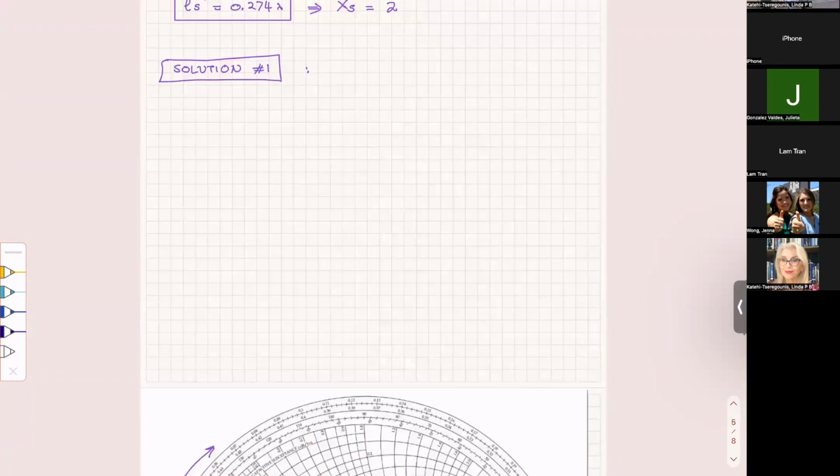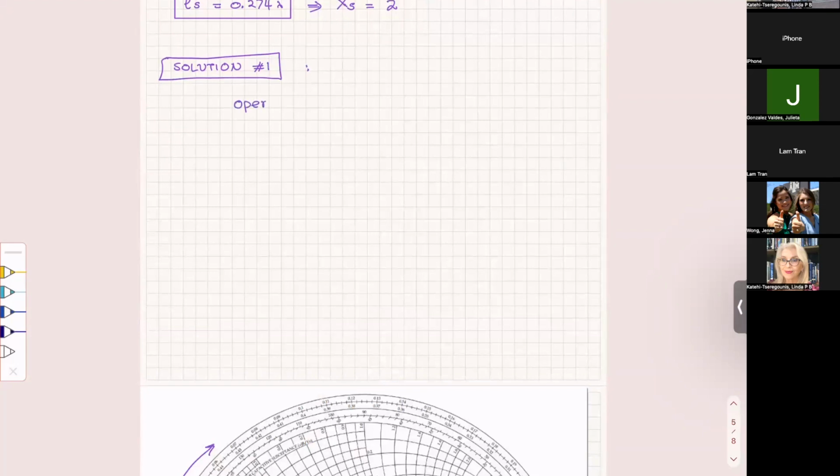So for an open shunt stub, the load at the end of the stub, Z sub SL, if it's open, is infinite, normalized, but Y sub SL is 0.